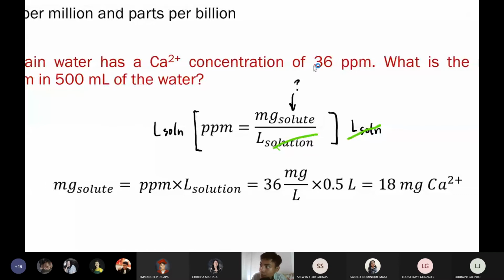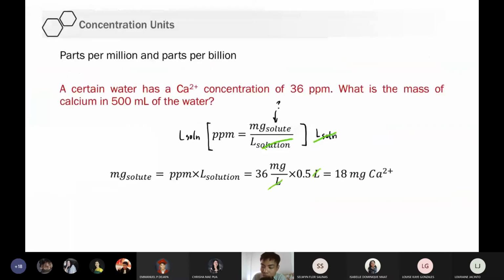So you place 36 ppm or 36 mg per L times the volume of the solution in liter. So that's 500 ml. Convert nyo yan to liters. That's 0.5 liters. Multiply that, magka-cancel yung liters. So you have 18 milligrams of calcium in your water bottle.